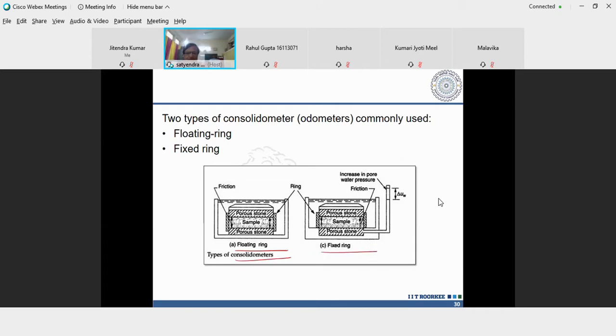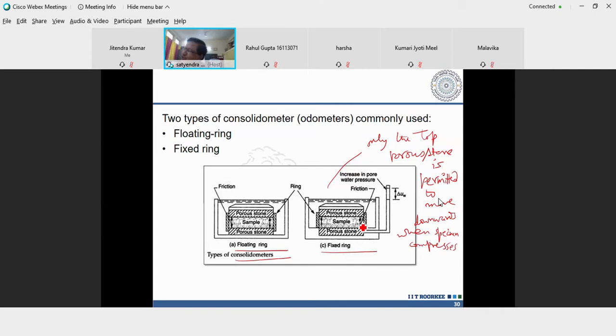The difference between the fixed ring and floating ring type is that in the fixed ring type, only the top porous stone is permitted to move downward when the soil specimen compresses.